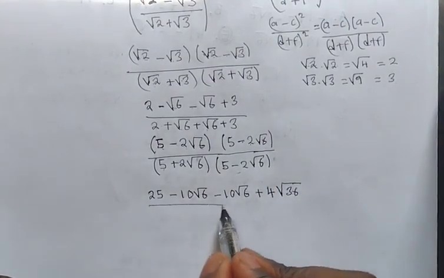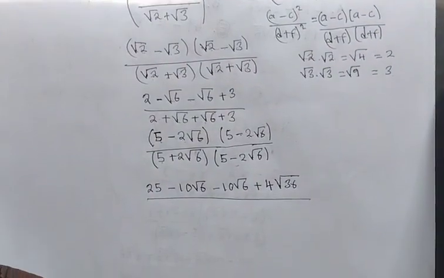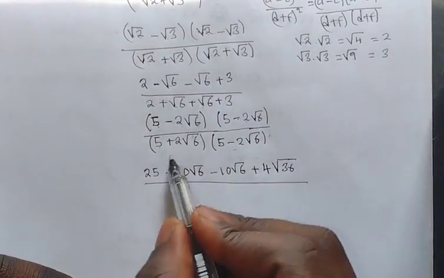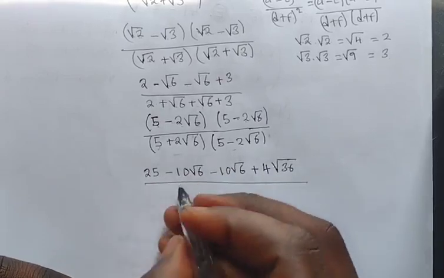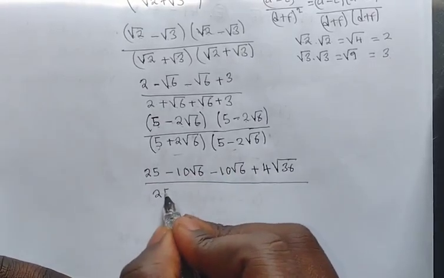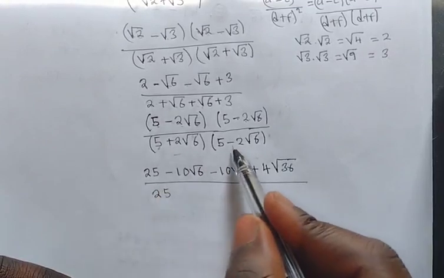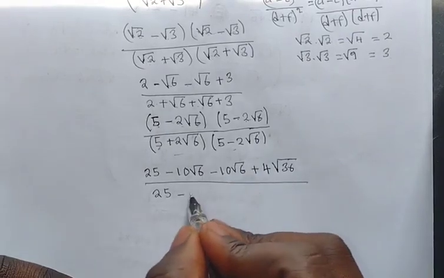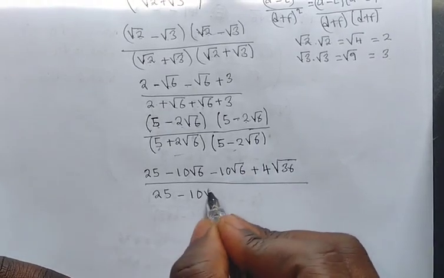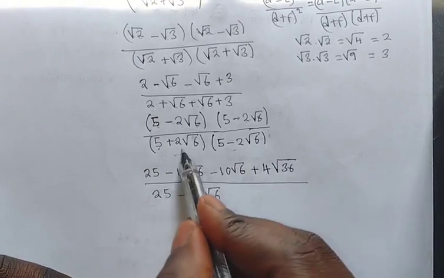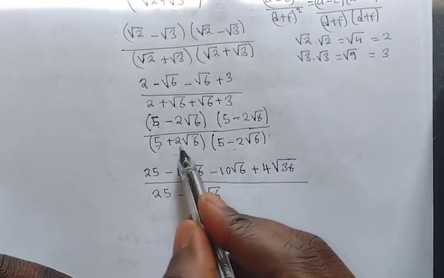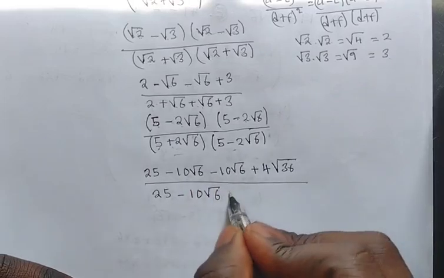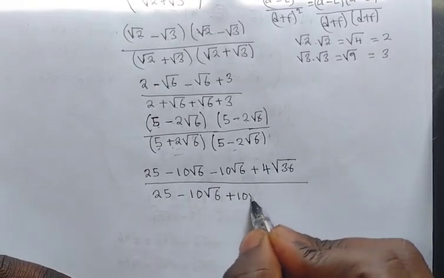Over, again, we expand the denominator, 5 times 5, which will give us 25. Again, 5 times negative 2 root of 6 will give us negative 10, then root of 6.